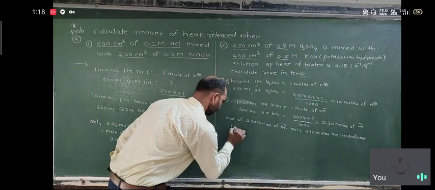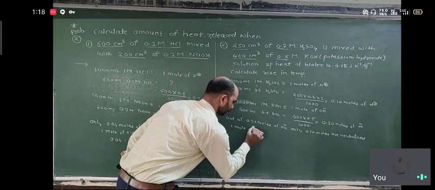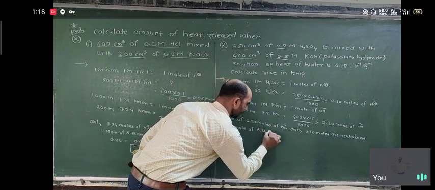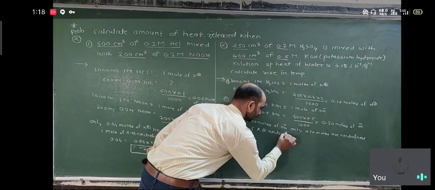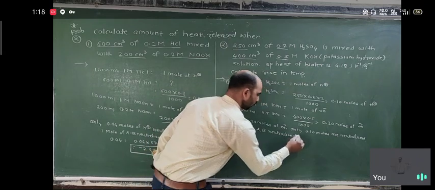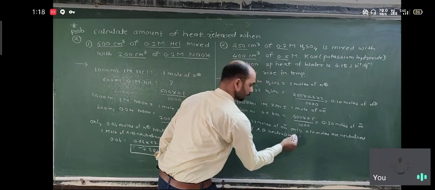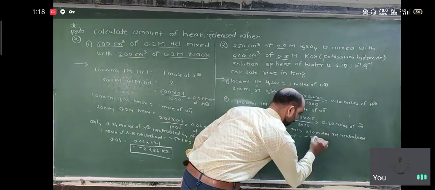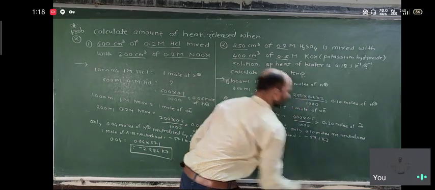So when 1 mole of acid and base neutralize, how much energy is released? The energy release is minus 57.1 kilojoule, heat is evolved.